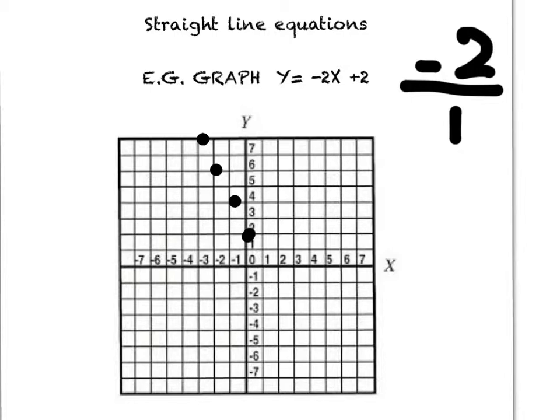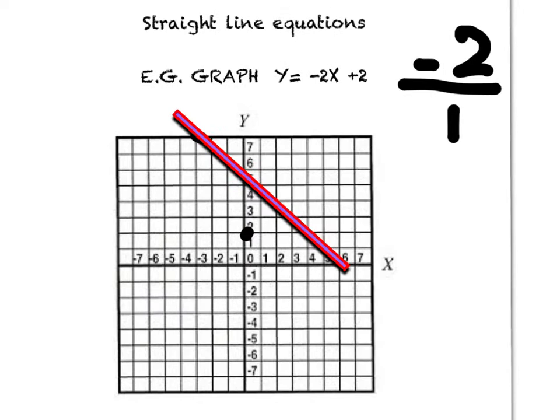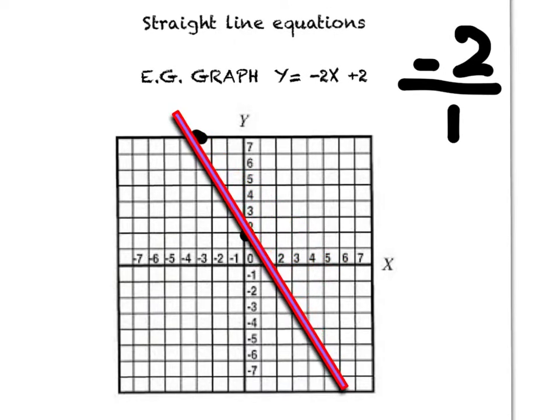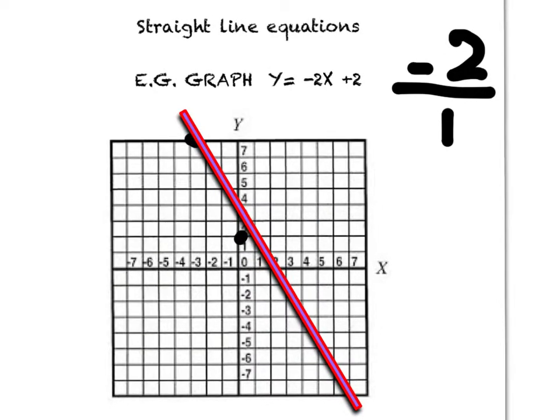All we have to do now is to connect those points. So I'm just going to get rid of these ones, and I'm going to bring across a line. Okay, and we'll get something like this once it's arranged there properly.